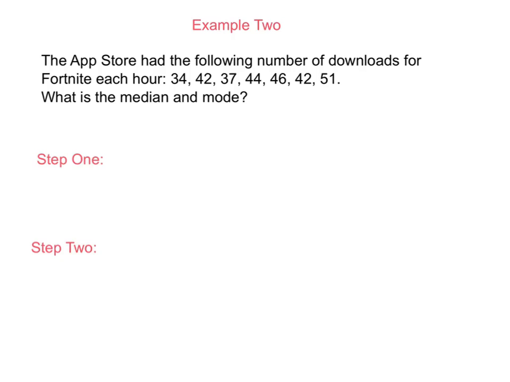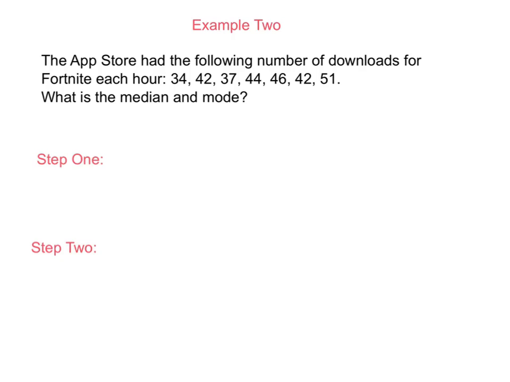Example 2 says the App Store had the following number of downloads for Fortnite each hour: 34, 42, 37, 44, 46, 42, and 51. What is the median and mode? Well, again, as in our last example, step 1, we need to arrange the data from smallest to largest.